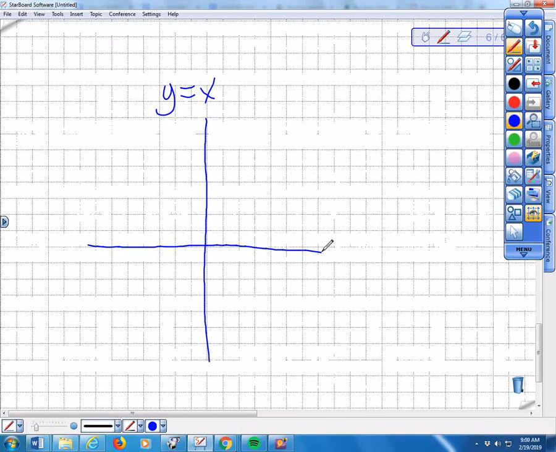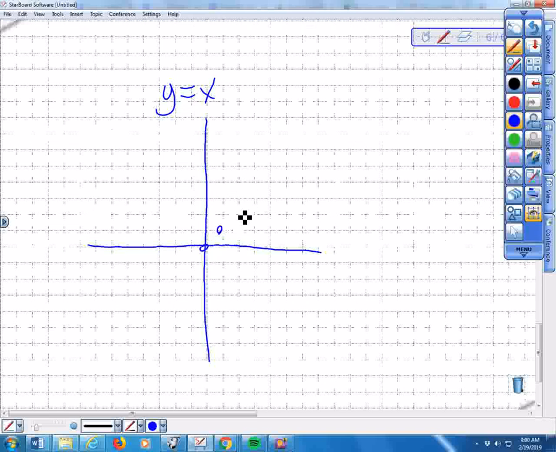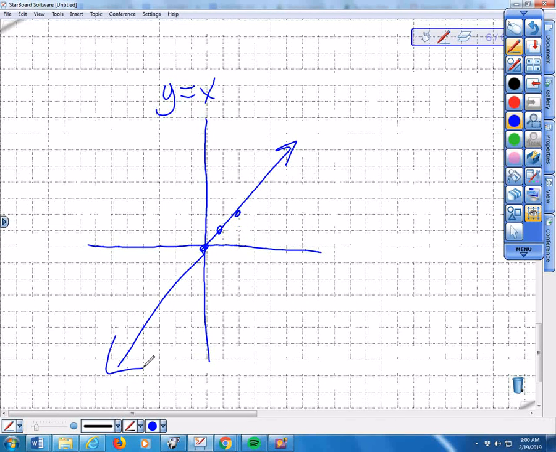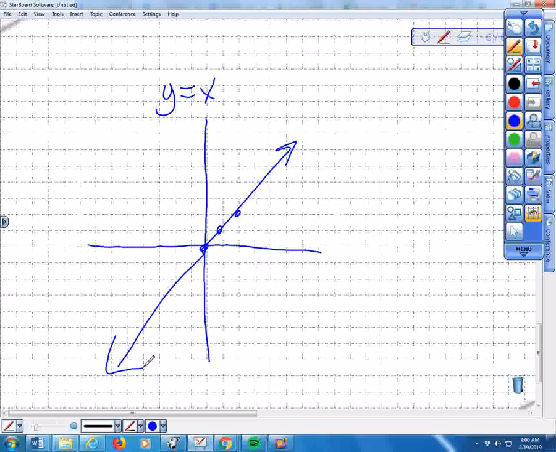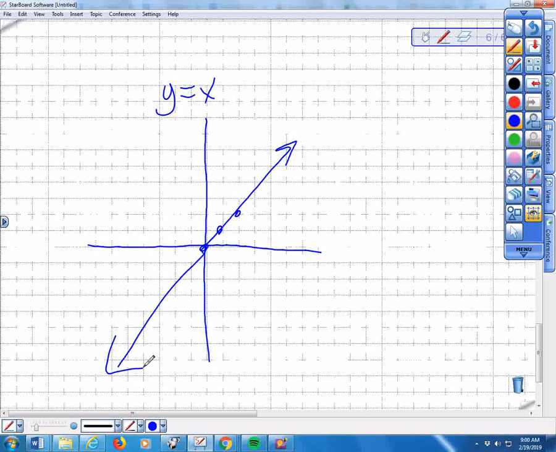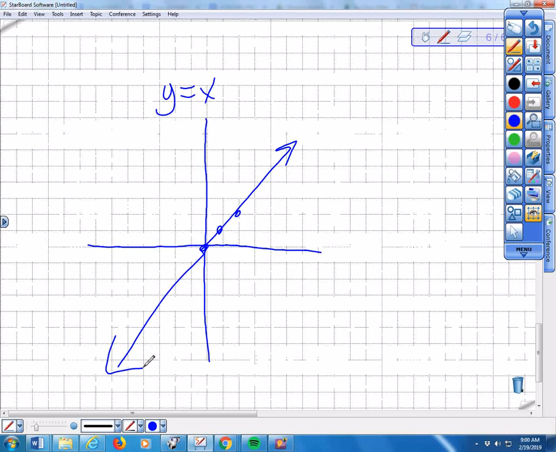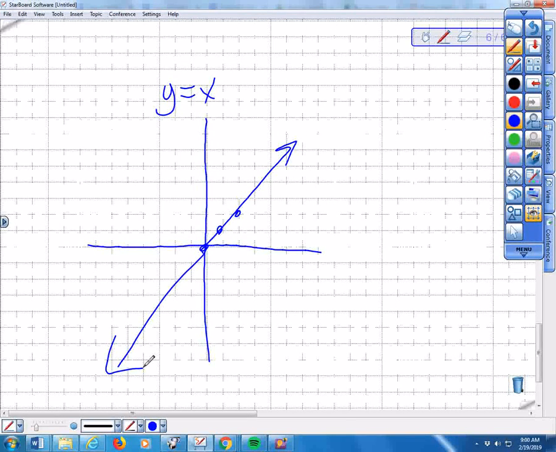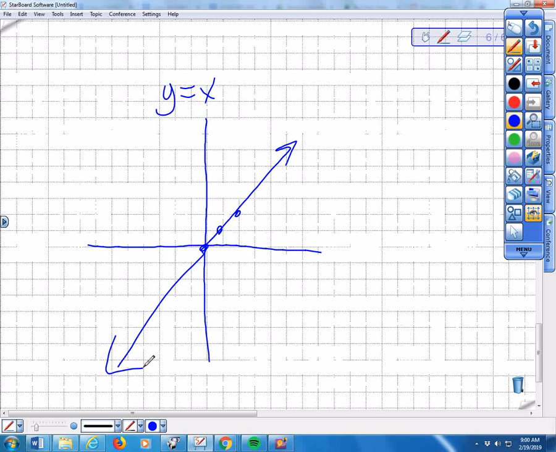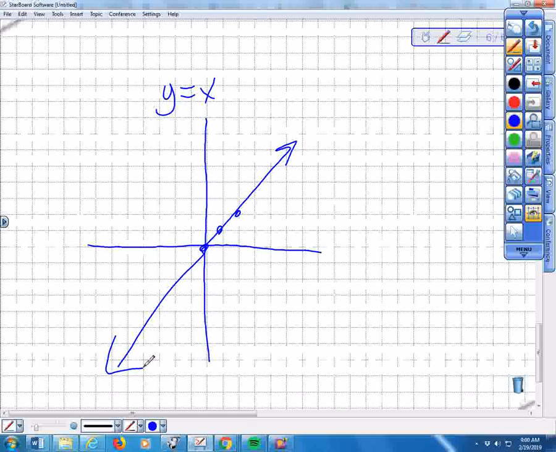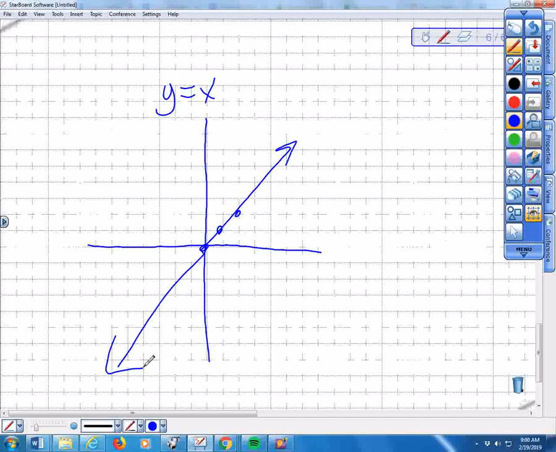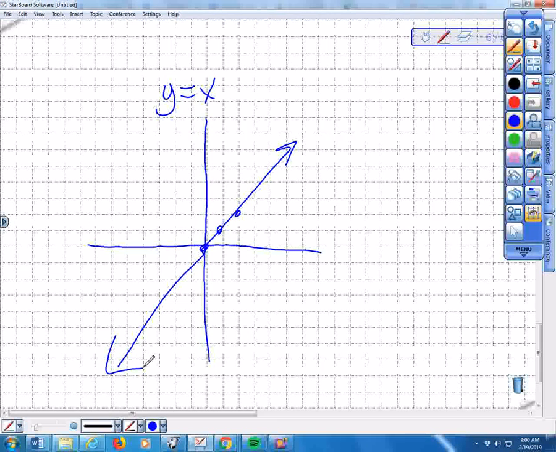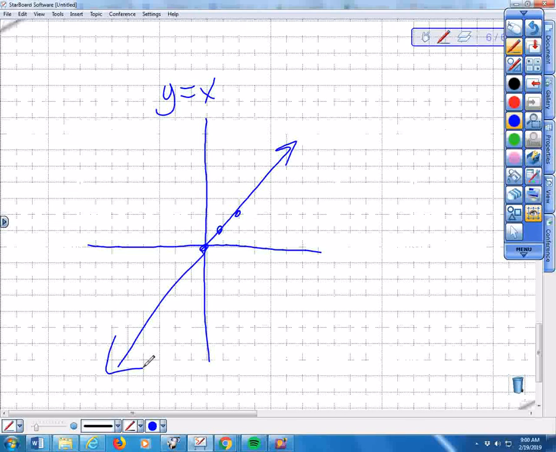Y-intercept 0, slope is 1. Y equals x. What's the end behavior of this line? As x goes to positive infinity, y goes where? Positive infinity. As x goes to negative infinity, y goes to negative infinity. That's the end behavior. Okay?